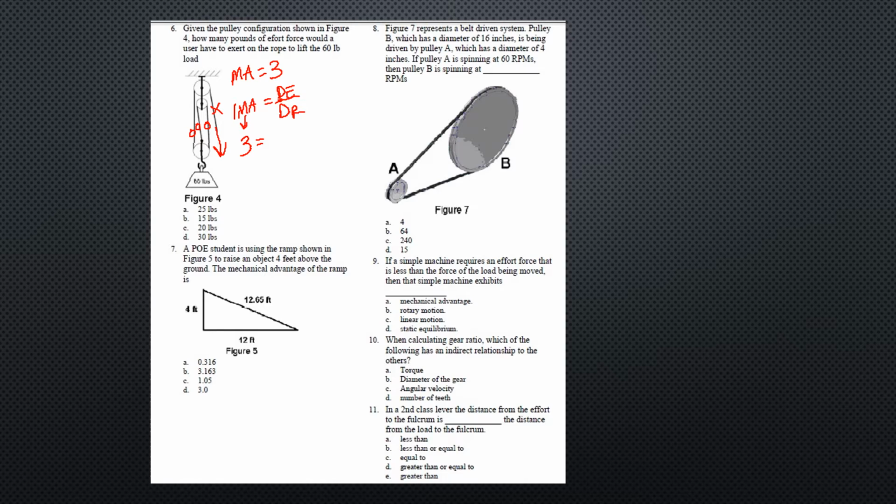DE is going to be 60, and we don't know DR, so that's what we're solving for. To get the DR by itself, multiply here. So DR times 3 equals 60, divide by 3, and your answer is going to be 20 pounds. So that's C.